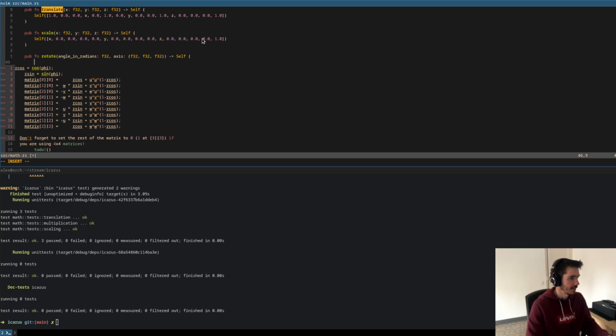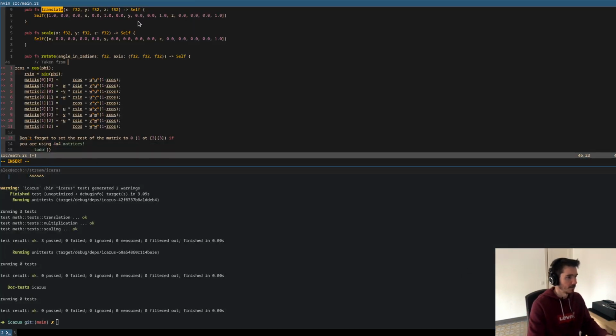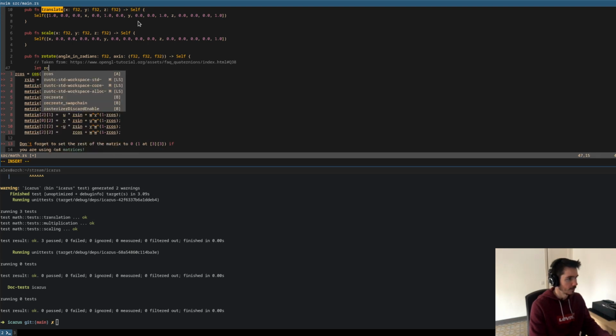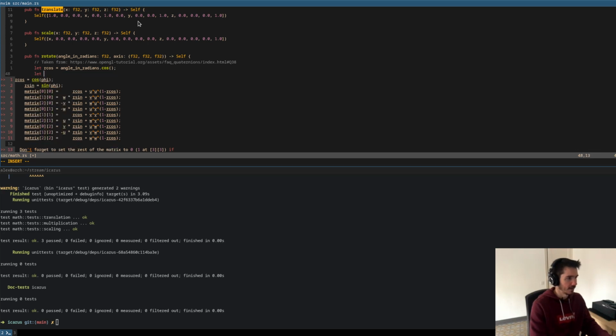Then let's add a reference taken from here. This angle in radians. I think we have cosine methods like this in Rust, but our sine is angle in radians dot sine.